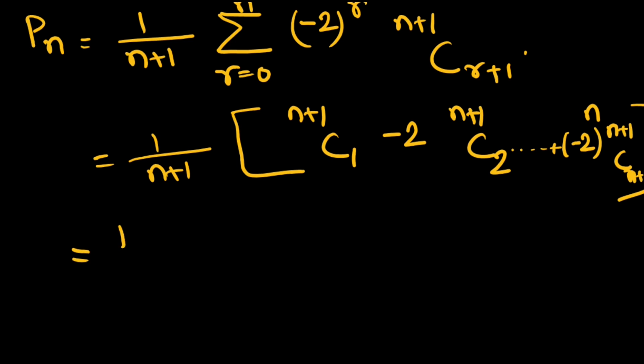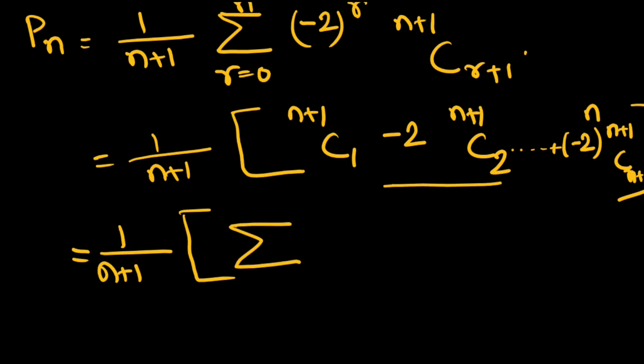Now we write this expression again in summation form and see how it is changed. It runs from 1 to n plus 1. So we change the variable r to s. S is 1 to n plus 1 and the last term is always n plus 1 Cs. The coefficients involved start at 1, then minus 2, up to minus 2 to the power n.